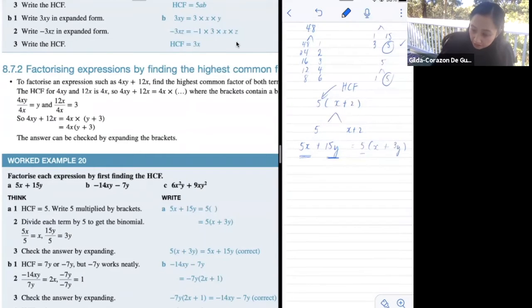So then you've got 5 times x plus 3y, right? So this now is the factored form or factorized form.